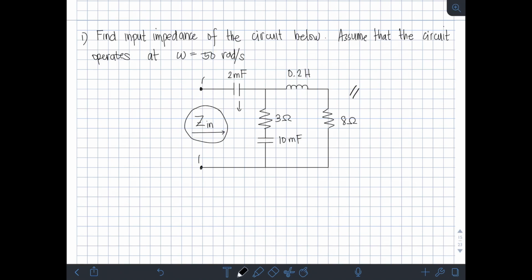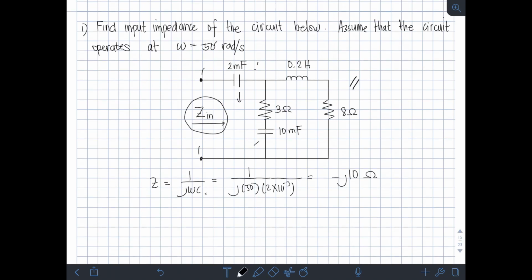The impedance of a capacitor is 1 over j omega C. So, substitute the values: 1 over j, omega is given as 50, and C is 2 times 10 raised to the negative 3 farad, since it is 2 millifarad. Using a calculator, what is this? Negative j10 ohms. Okay?